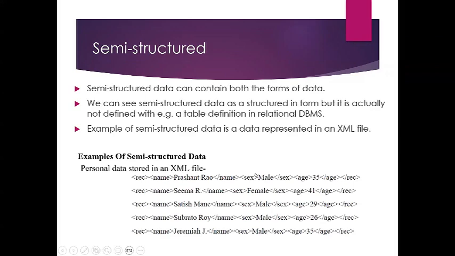But if you want to extract the sex or the age, it's pointed in a proper manner, right? So with semi-structured data, to some extent you can extract the data, but to some extent you cannot, because it needs some further adjustment of the data, right?